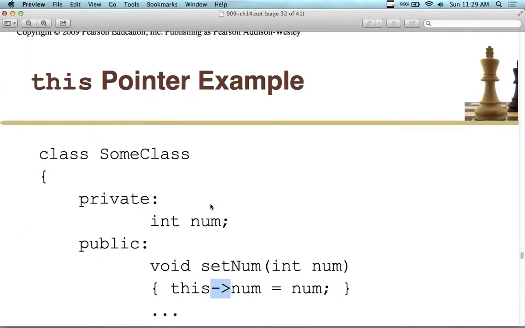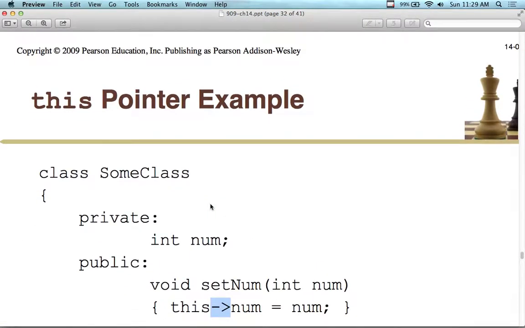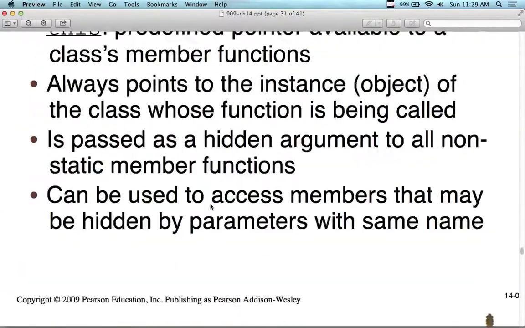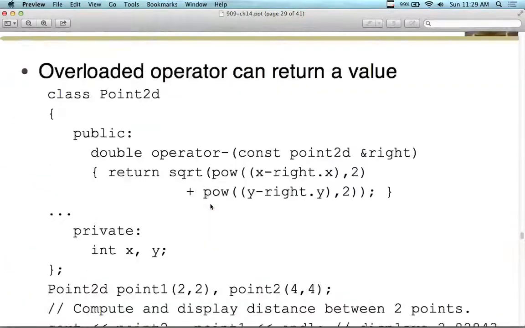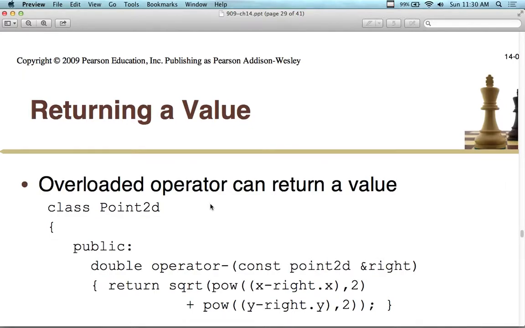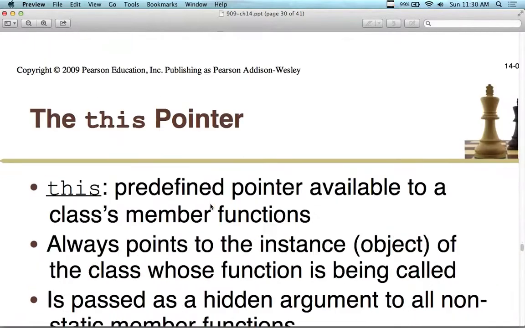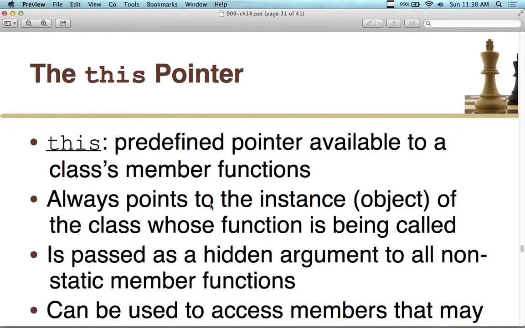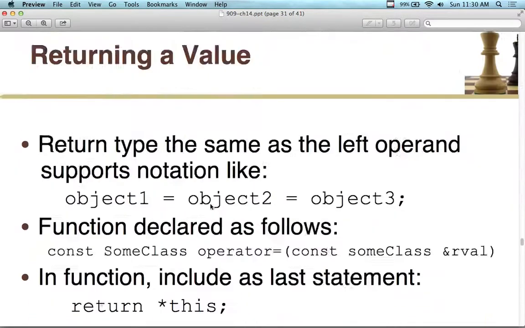Referring to the object itself. So this is a pointer to itself. So actually, when you return from a copy constructor, you're returning yourself out of that. You're taking another object, you're copying it into you, and you're returning yourself out of that. So you return self out of that copy constructor.